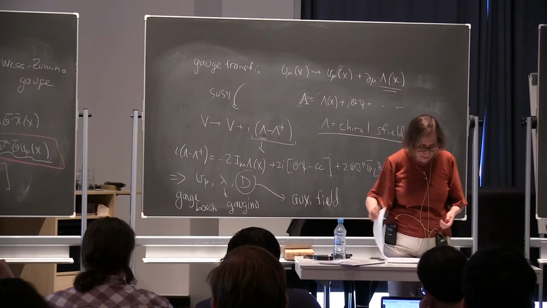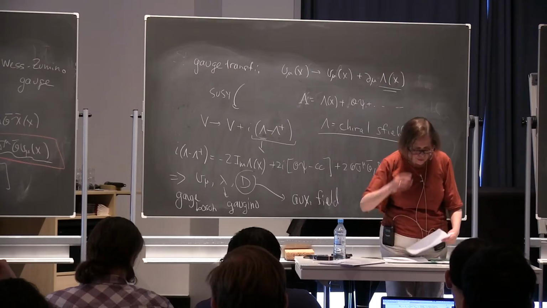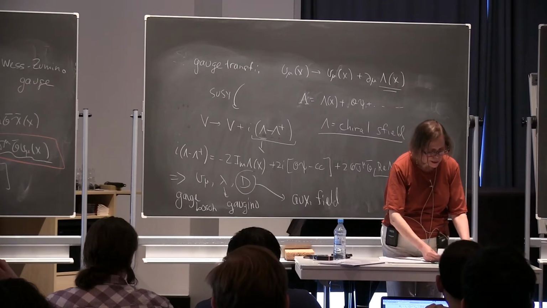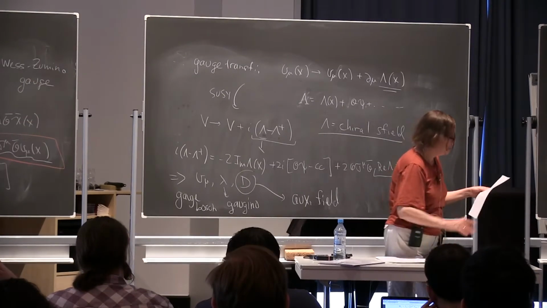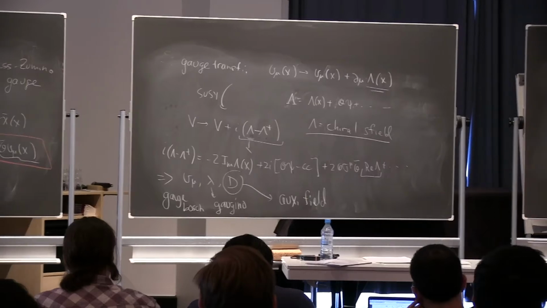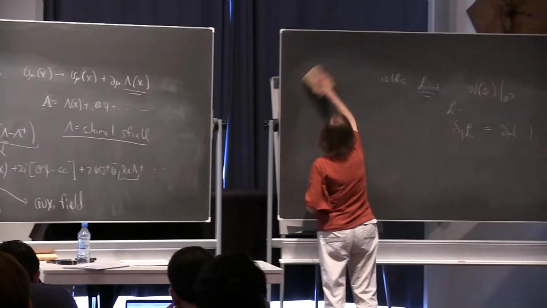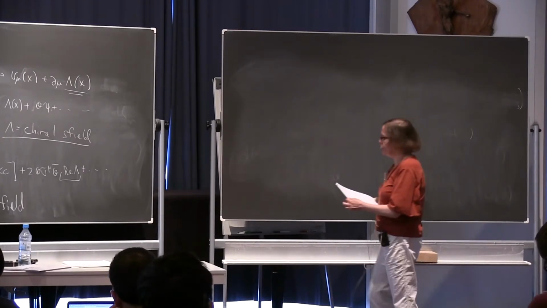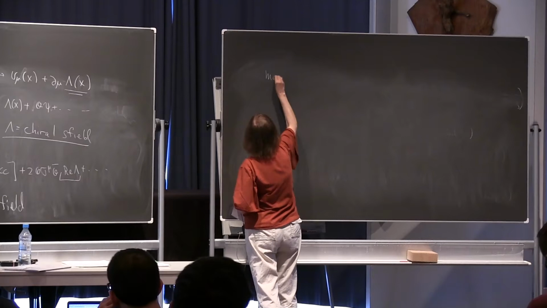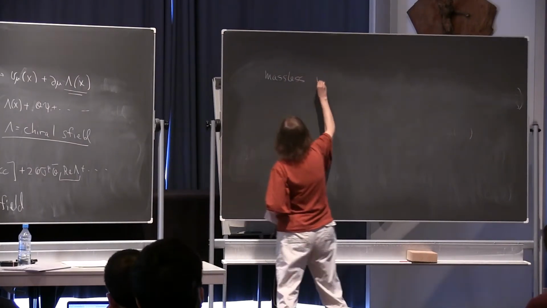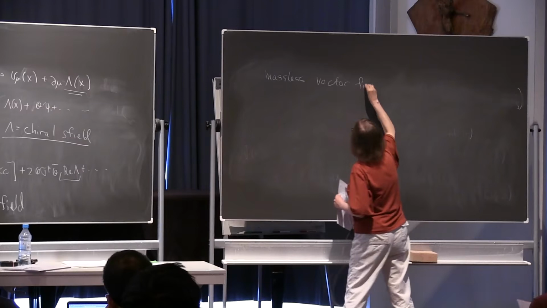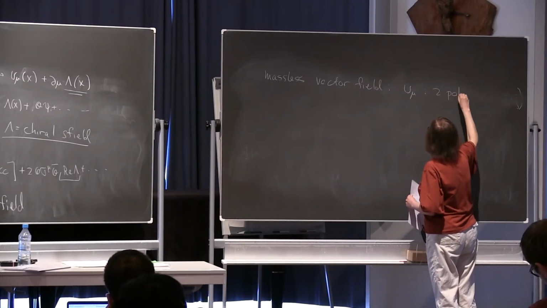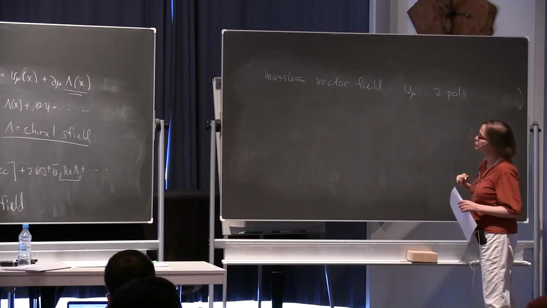Okay, very good. So, at the end of the day, we see something that looks right. Looks like we're doing the right thing. Because if you think about a massless vector field, the massless vector v mu has two physical polarizations, so 2 degrees of freedom.